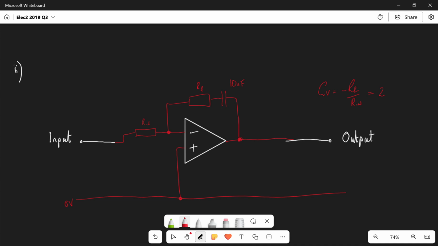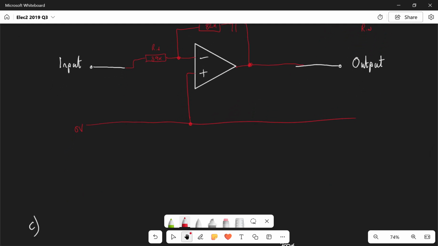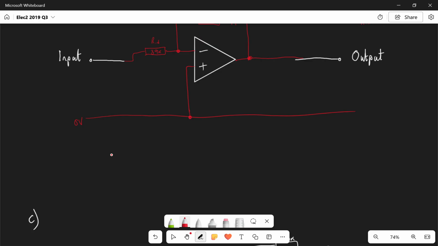And therefore, what we realize is that the RF is going to be our 82K, and Rin is going to be our 39K. And what we just need to do is state that underneath, that RF is 82K, Rin is going to be 39K, and C is going to be 10 nanofarads.